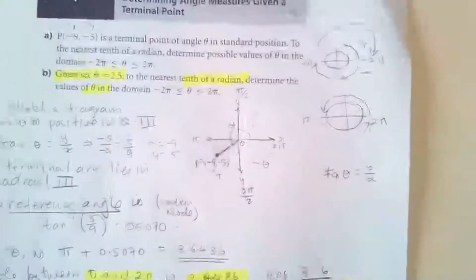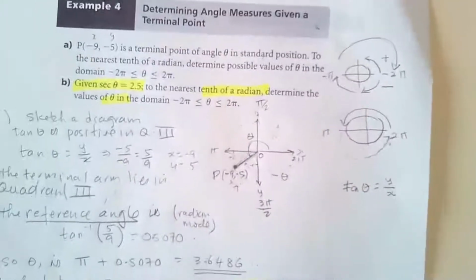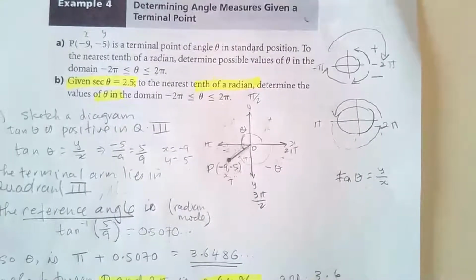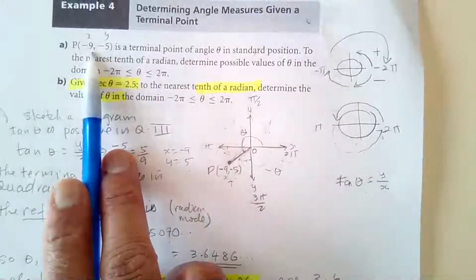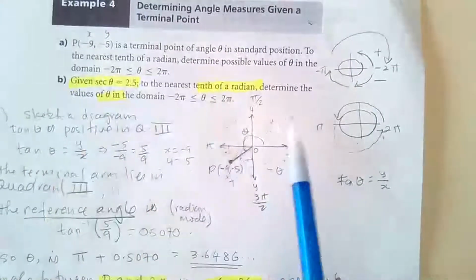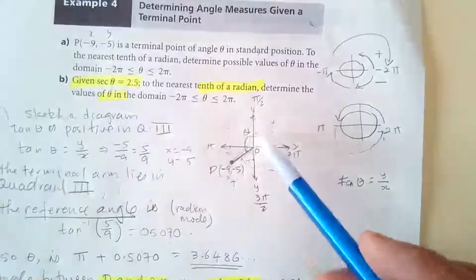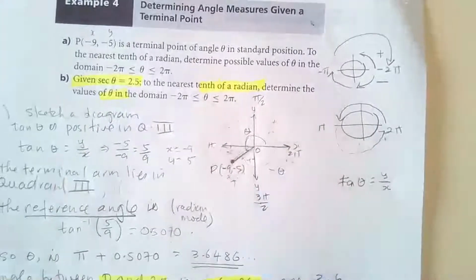So let's quickly review the question. So you're given a terminal point. The first thing you want to do is to do a sketch, define what quadrant it's in.